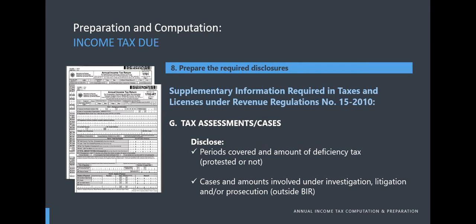So the periods covered and the amount of deficiency tax, whether protested or not, and the cases and amounts involved under investigation, litigation and or prosecution outside BIR. So, pwedeng from Supreme Court and Court of Tax Appeals.